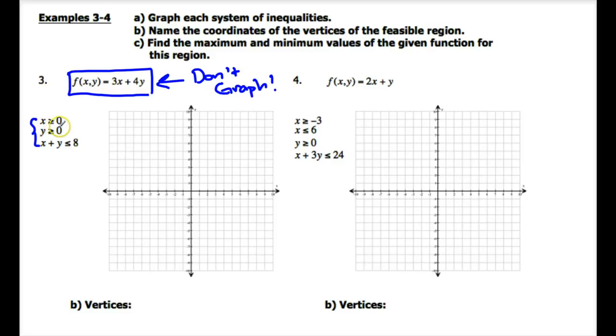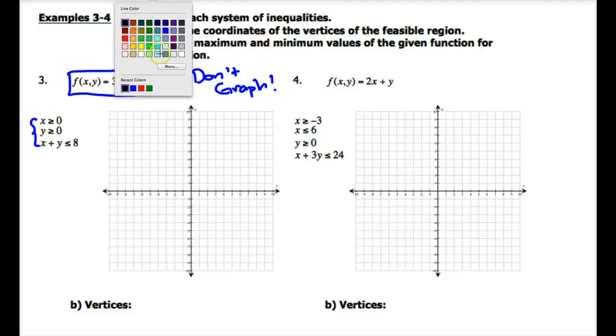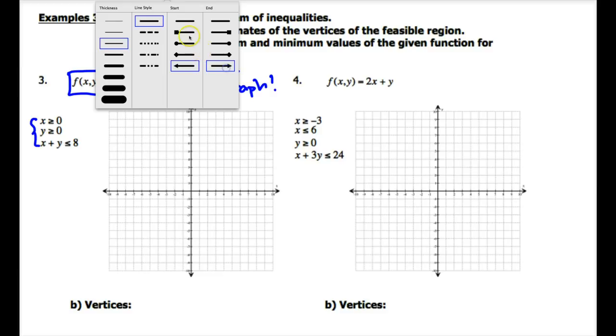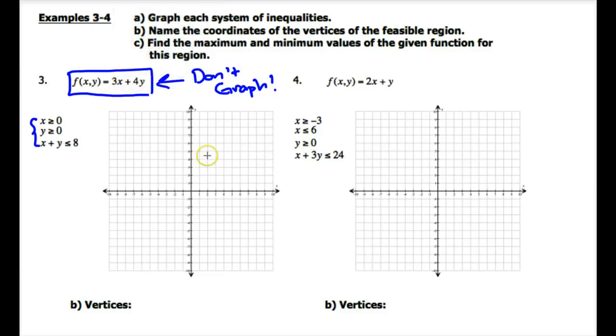So the first line I'm going to draw is the inequality x is greater than or equal to 0. You should know by now that anytime you have x, not a y, that's going to be a vertical line. This one's going to be a solid vertical line at x equals 0, so on the y-axis.